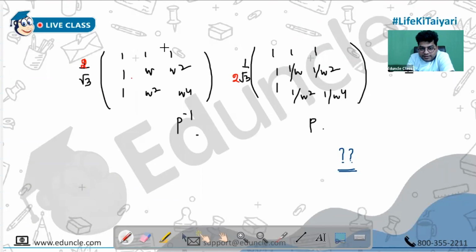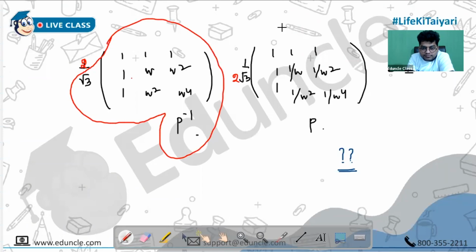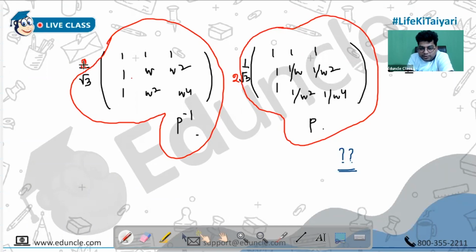If these two matrices are inverses, P inverse and P, and if I multiply by 2 here and divide by 2, these two are also inverses. If you include this, these are also inverses. Yes or no?